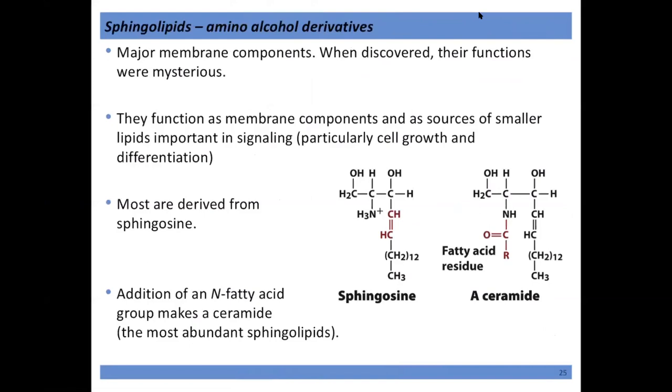So those are glycerol phospholipids, glycerol because they come from glycerol. We also have a new type that we need to talk about, and these are called the sphingolipids, and they are derived from sphingosine. Now, sphingosine, if you squint hard enough, you may think that, oh, this is kind of like a glycerol molecule there. We've got a nucleophile oxygen, but notice that we actually have a covalent bond here.